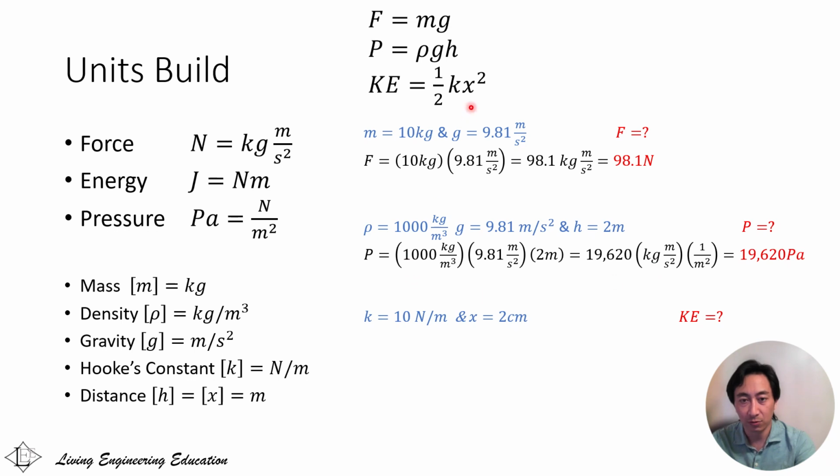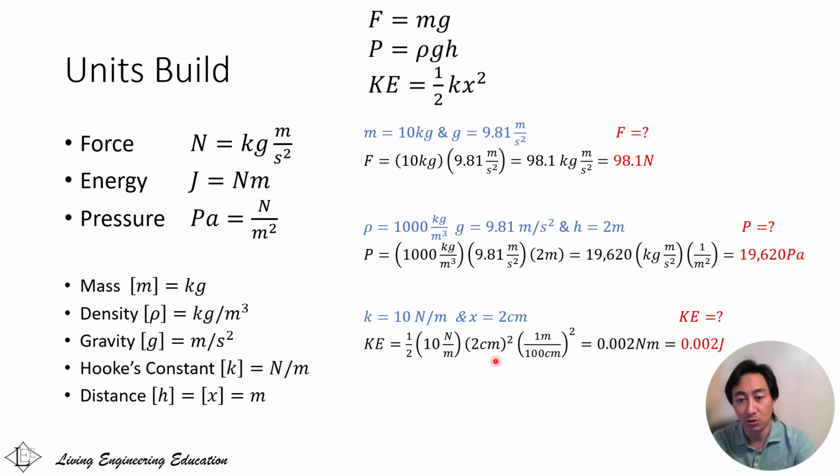All right, finally, we have our Hooke's constant, 10 newtons per meter. That just talks about the stiffness of the spring. And let's say that we're looking at displacement of 2 centimeters, and I want to figure out the energy. So I got 1/2 from this equation times k, 10 newtons per meter, times x squared, 2 centimeters squared.